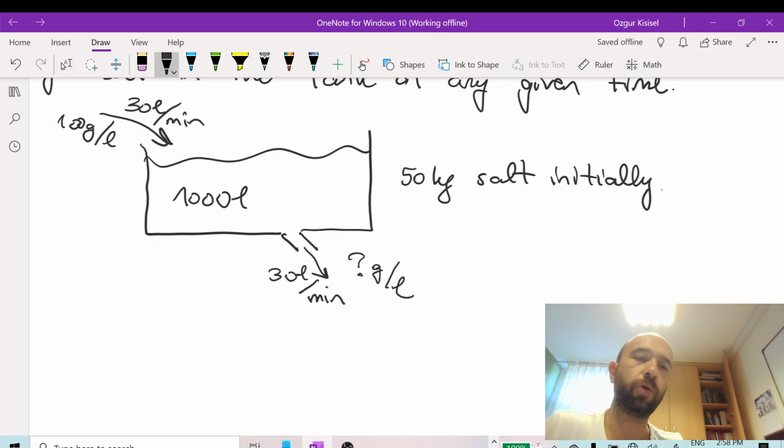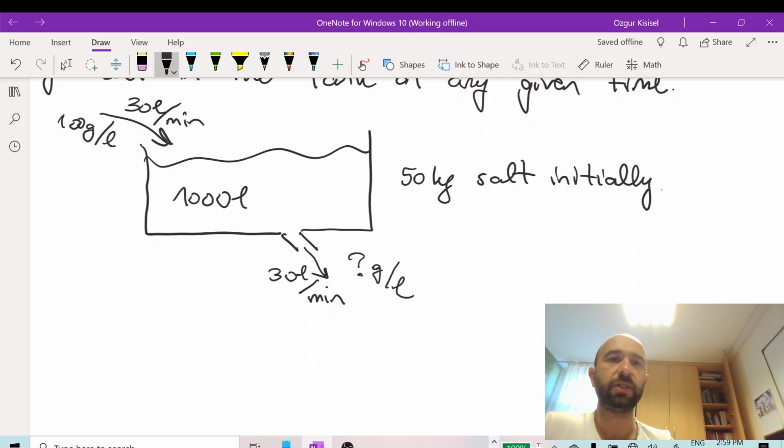And that's the whole point. The amount of salt in the tank will change in time. Therefore, how many grams per liter you have outgoing here will also change in time. This is not a constant. This question mark is something that's going to change in time.